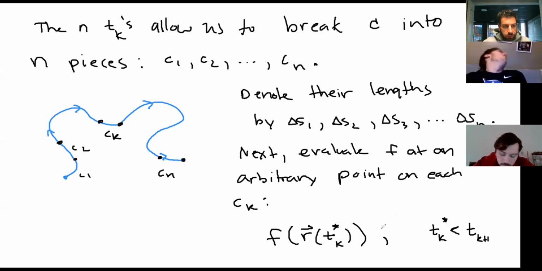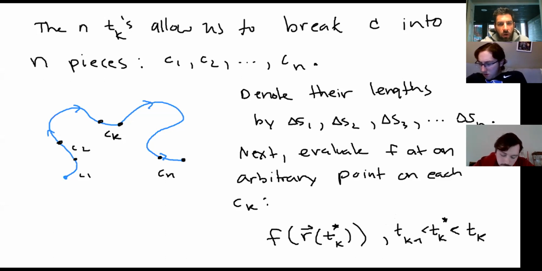Well, I guess perhaps the better way of writing this is to do it this way: let's use t sub k here, and then t sub k star has to be bigger than t sub k minus 1.